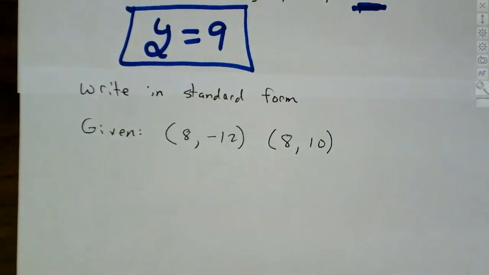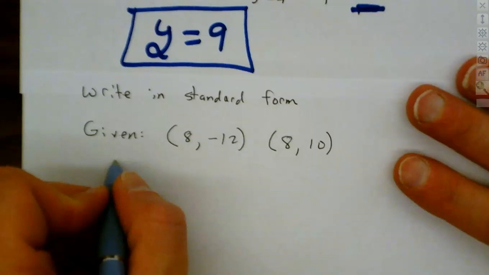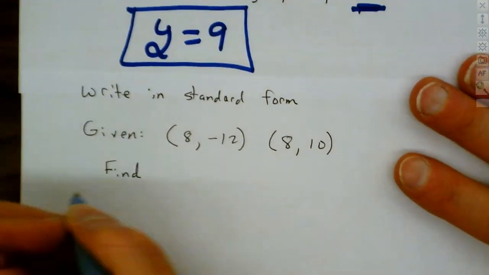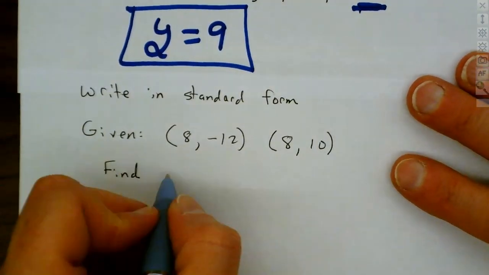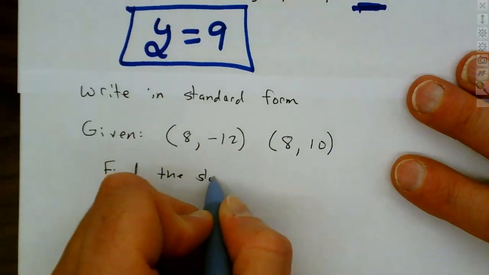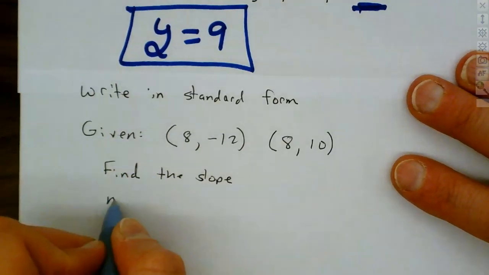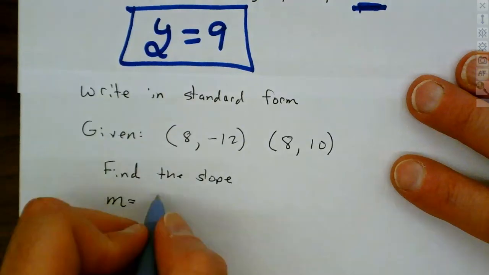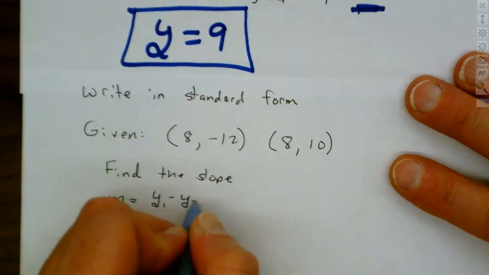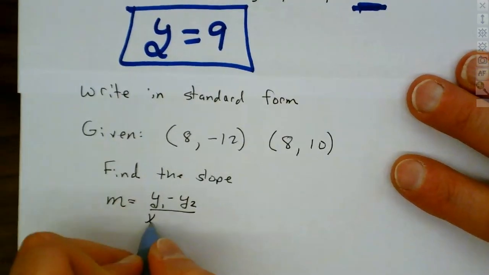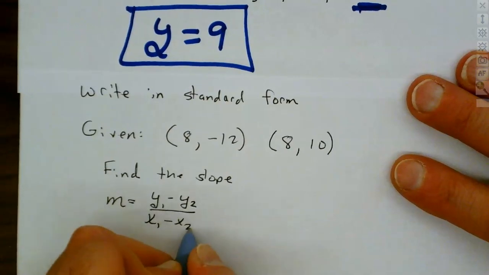Again, you're given 2 points, so the first thing that you always must do when you're given 2 points is find the slope, and that is given by this formula. m equals y1 minus y2 over x1 minus x2.